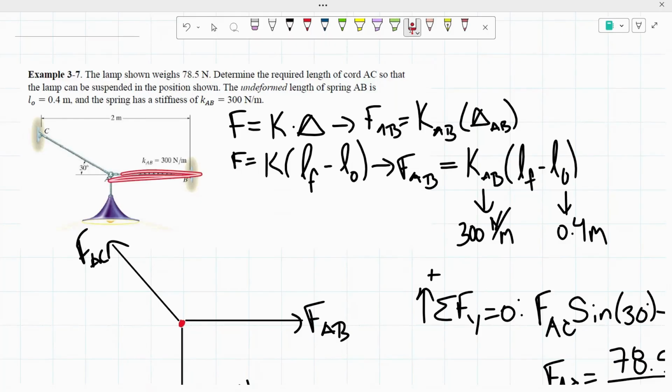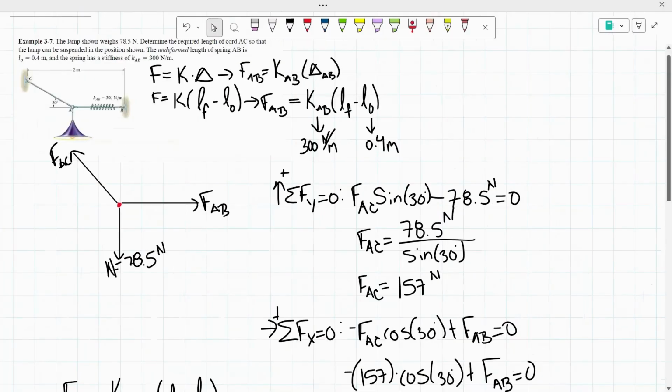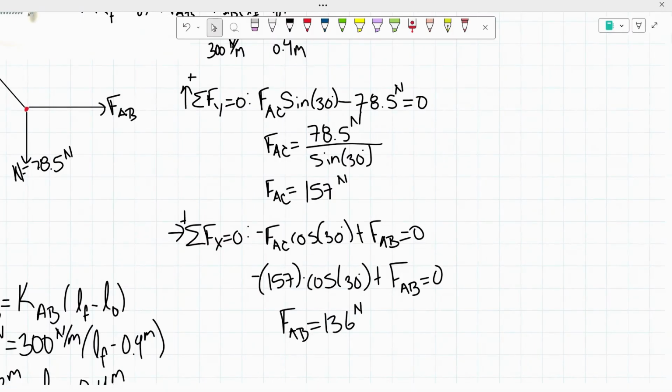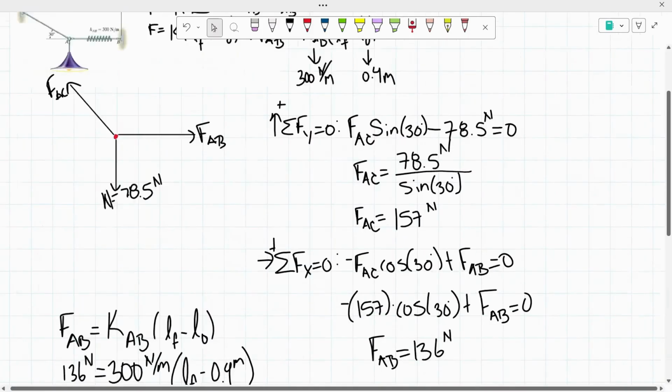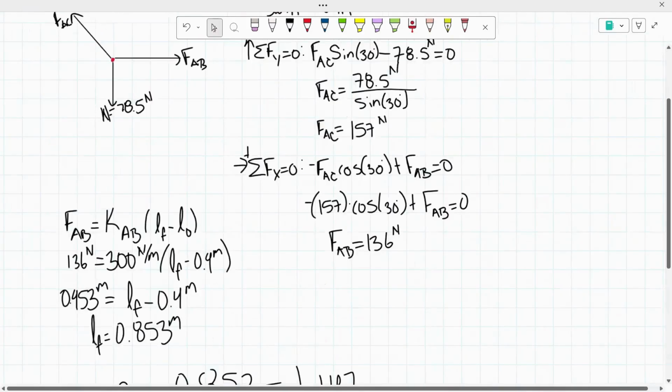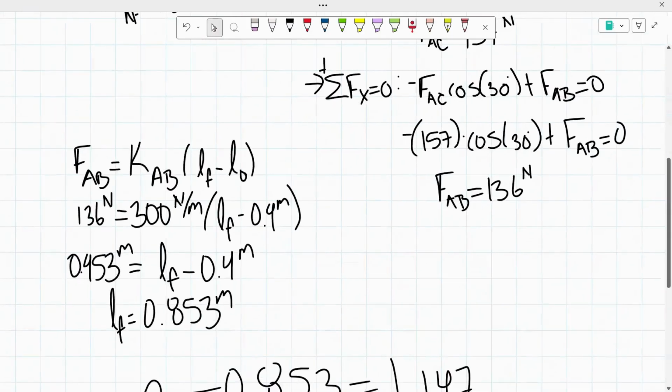To find the force of AB, we drew a free body diagram. And from there, we made sure that our y and x components were in equilibrium. By doing that, we were able to find the force of AC and AB. And we needed the force of AB to then find the length final of the spring.